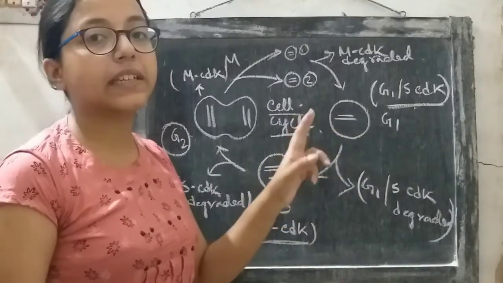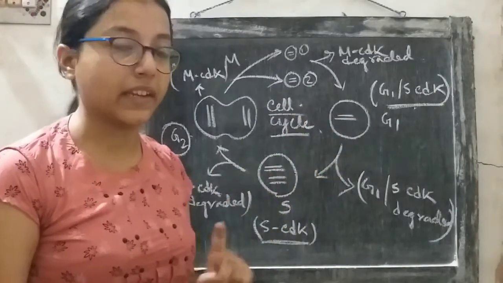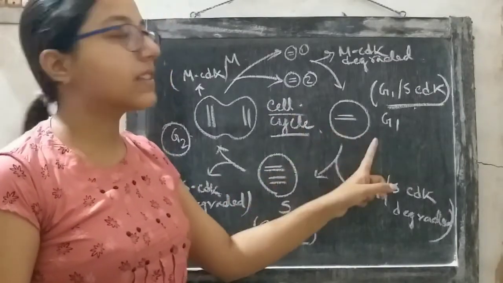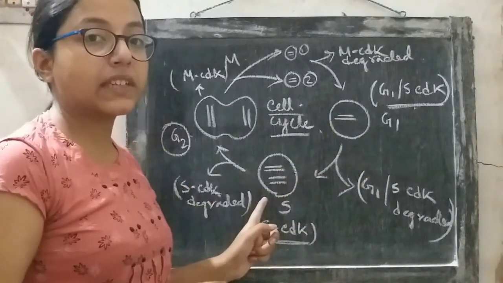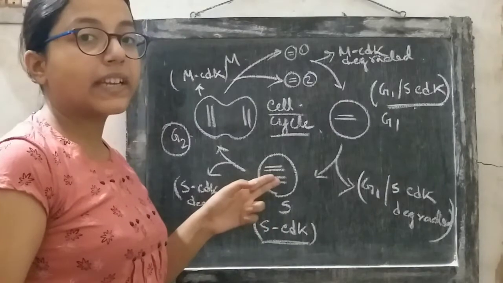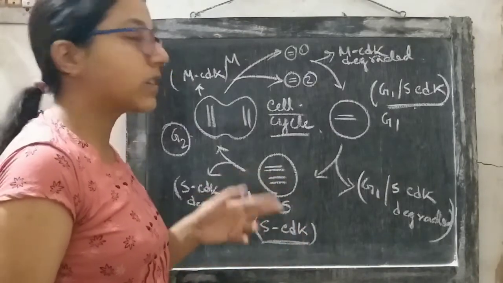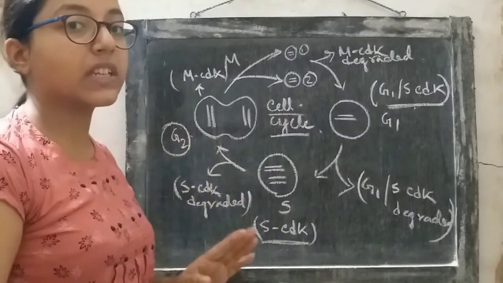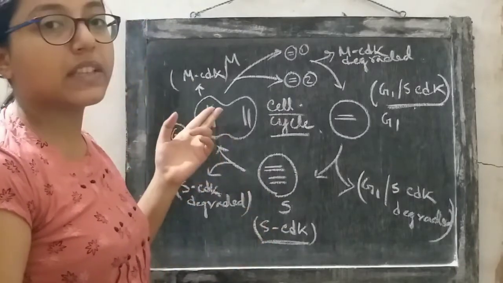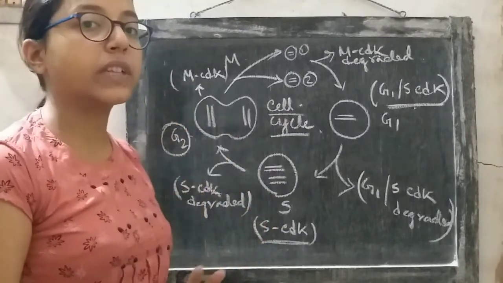Suppose this is a single DNA. A cell contains only one DNA. So in the G1 phase, the cell will contain one DNA. In S phase, duplication of the DNA will occur. So one DNA will be duplicated, and now the total number of DNA is 2. In G2 phase, there is no change in the number of DNA. So in this G2 phase, the cell contains 2 DNA.